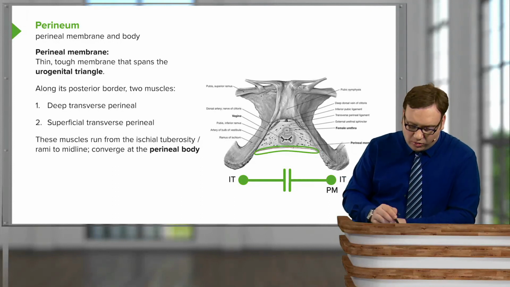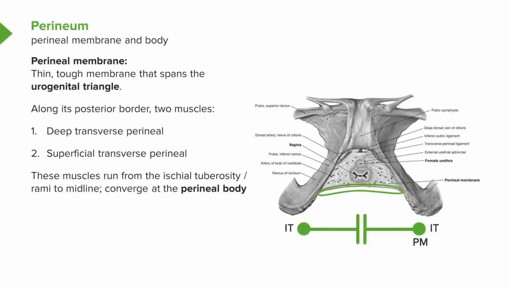Along this posterior border there's going to be a deep and a superficial transverse perineal muscle layer. Here we can see the deep transverse perineal muscle, and here we can see the superficial transverse perineal muscle. And these lie along the posterior border of the perineal membrane, running from ischial tuberosity to ischial tuberosity.